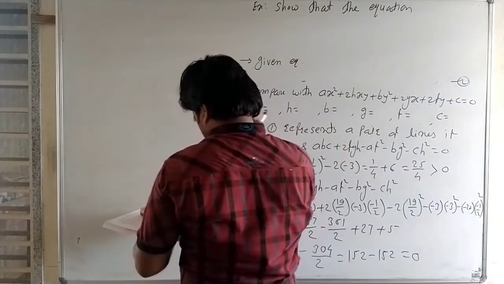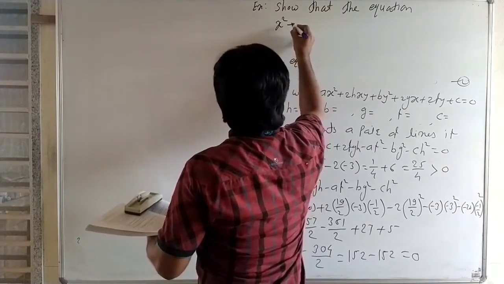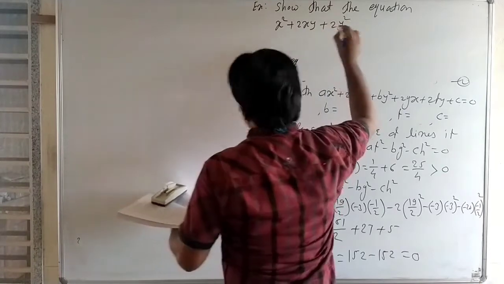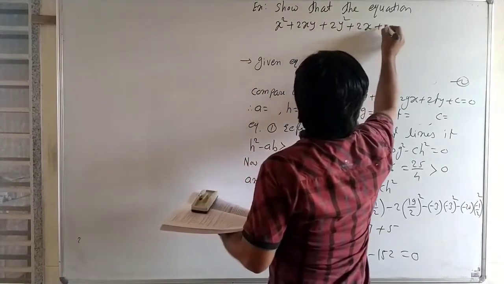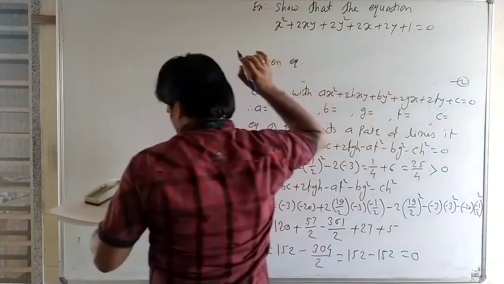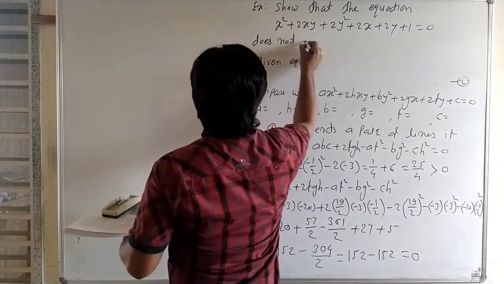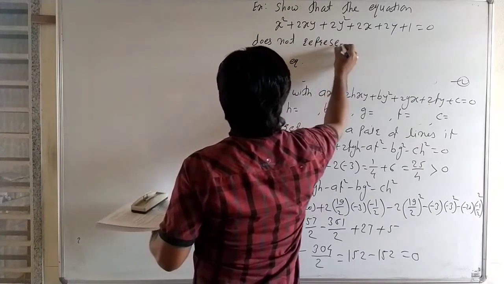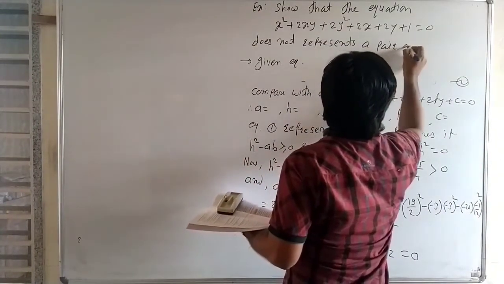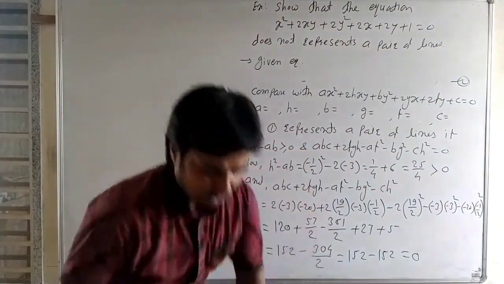Now second, show that the equation x square plus 2xy plus 2y square plus 2x plus 2y plus 1 is equal to 0 does not represent a pair of lines.